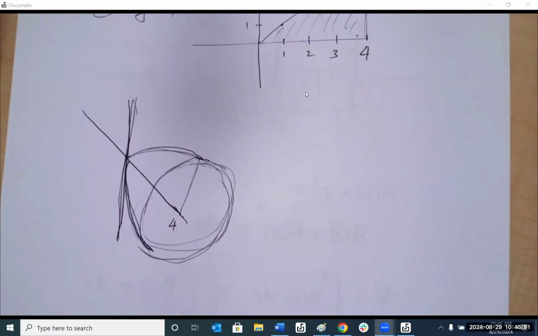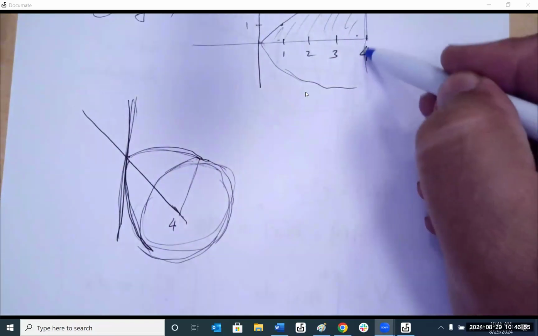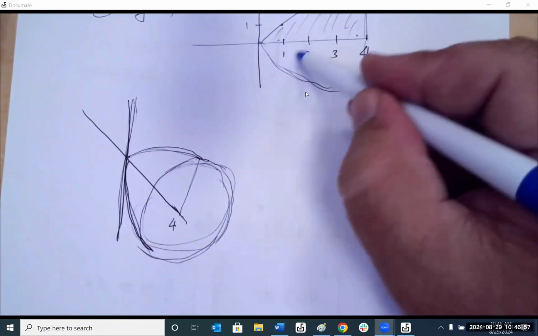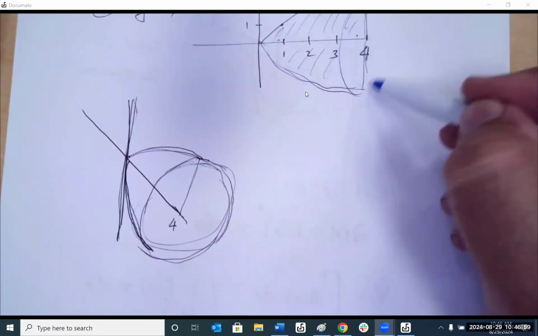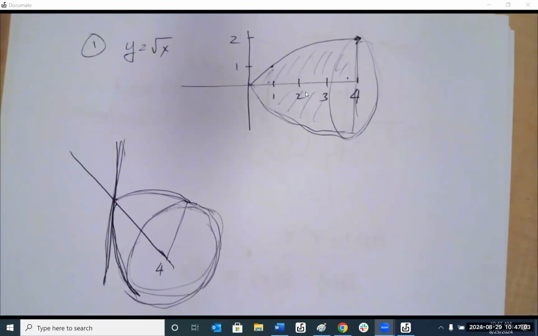So it looks like this, rotated. So we have the picture. We have the bounds of integration from 0 to 4.